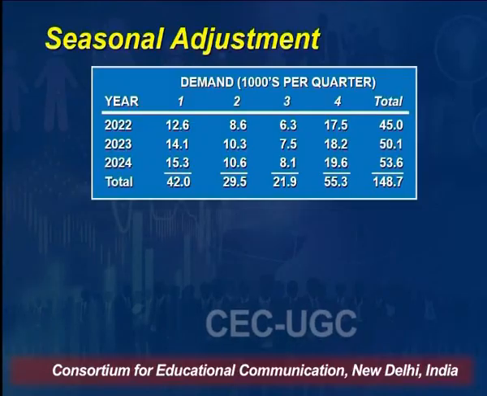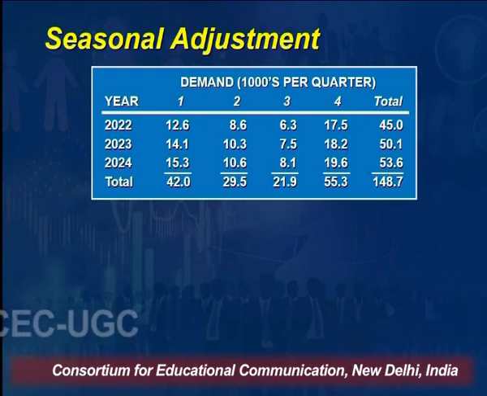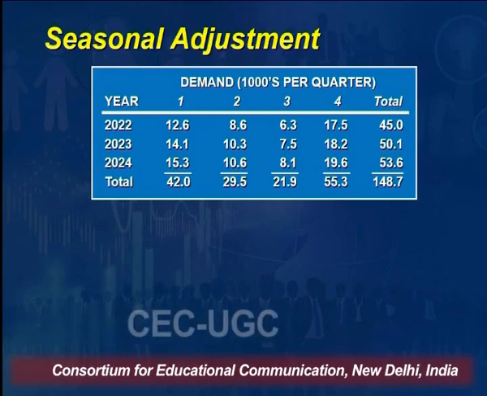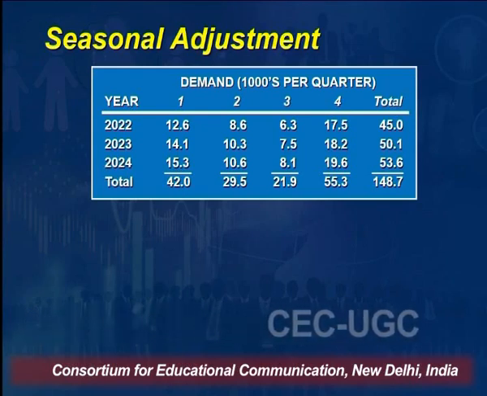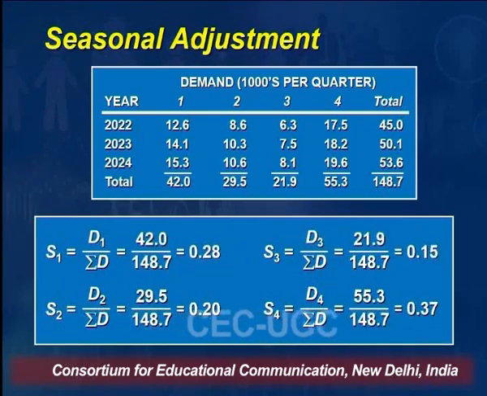So for example, if we see in this slide, let's say you have yearly demand patterns for years 2022, 2023, 2024. So for the first quarter the demand is say 12.6 in 2022, second quarter it is 8.6. So like that, for example, you have got the demands. So what you have done, you have introduced a seasonal factor di upon sigma d.